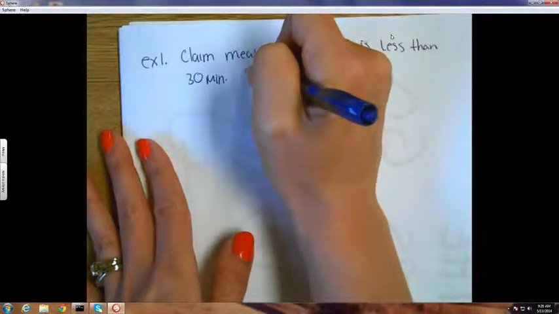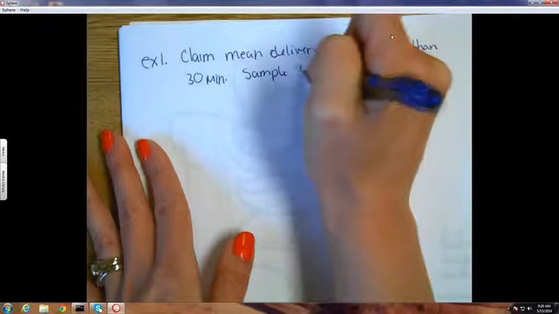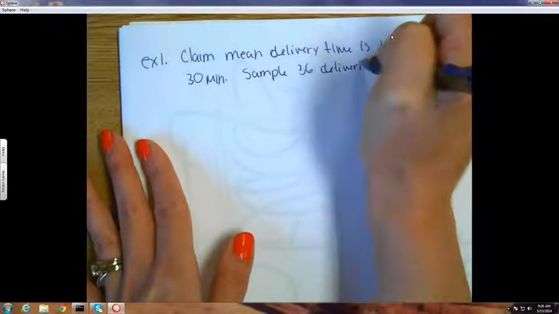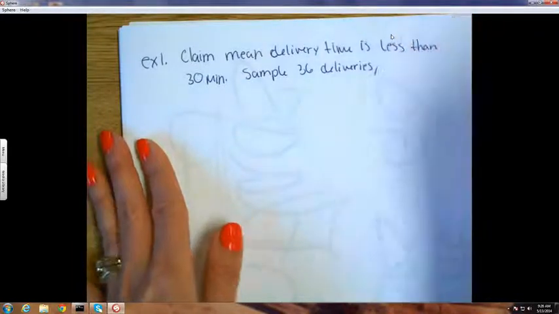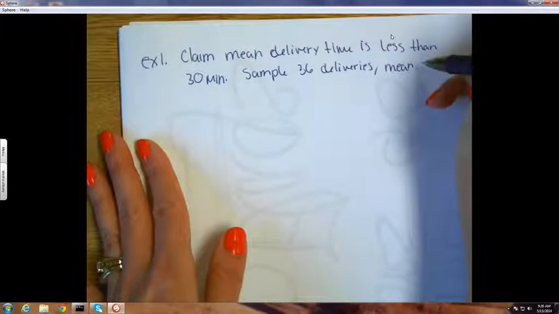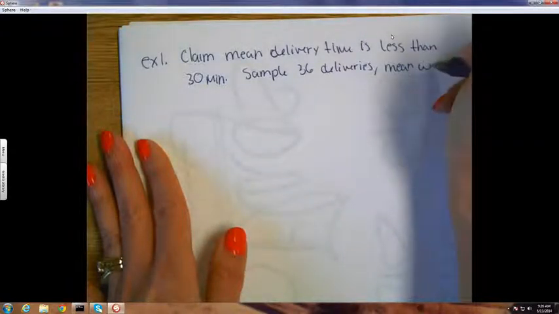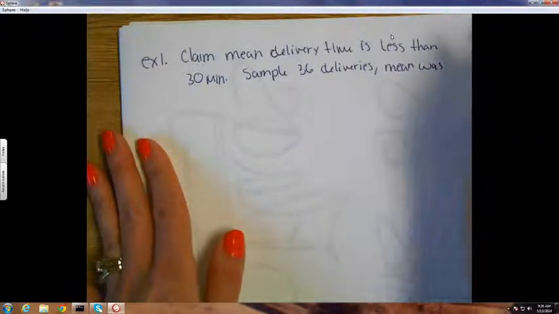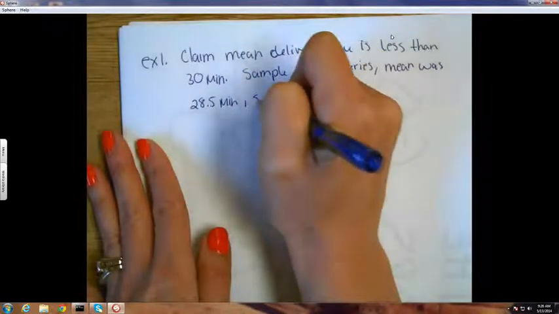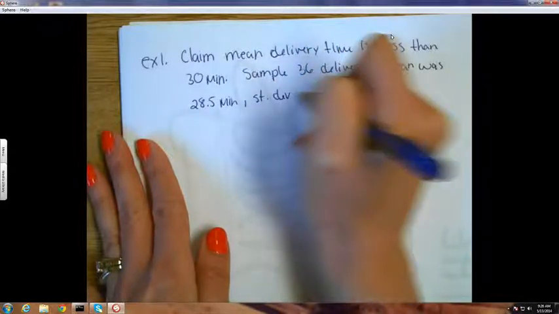You're going to take a sample of 36 deliveries. And you find that the mean was 28.5 minutes, with a standard deviation of 3.5 minutes.